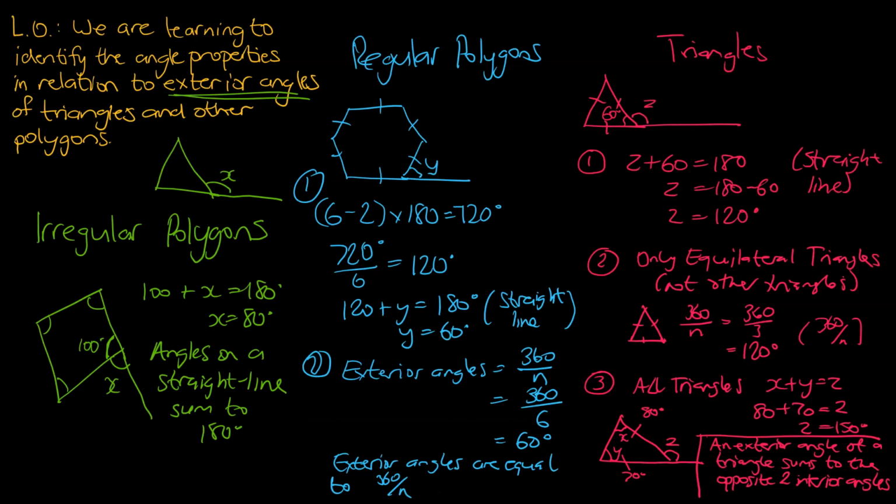And for triangles, you can always use the straight line rule again. If it's a regular polygon, you can use the 360 degrees divided by n rule. And there's a rule unique to triangles: the exterior angle is equal to the opposite two internal angles.